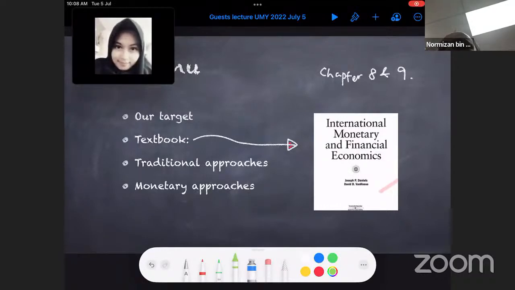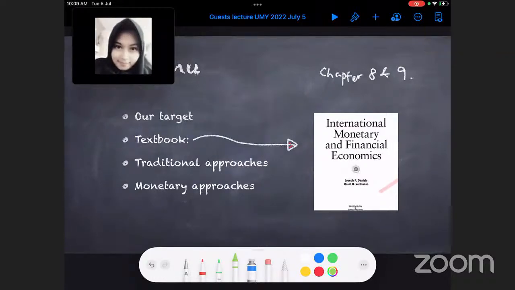First I would like to share our brief target, and before we go through the approaches, I use this textbook for my lecture and this note: International Monetary and Financial Economics by Joseph Daniels and David VanHoose. For those who want to know in depth, you can check this textbook. Today our lecture is based on chapter 8 and chapter 9. You can check this content in other textbooks too, but it might not be arranged as I have it today.